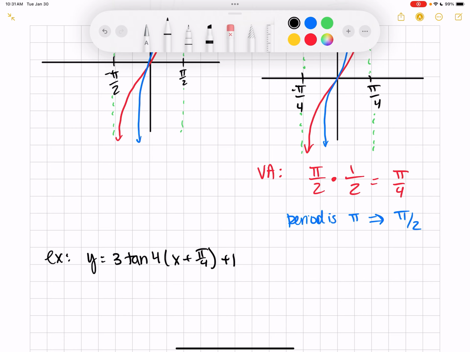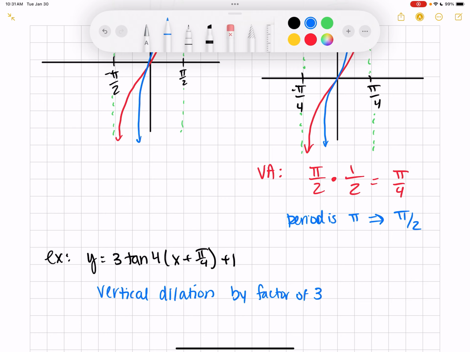So this one, we've got a vertical dilation by the number that's in front, so by a factor of 3. This number out here we're going to look at for the period.